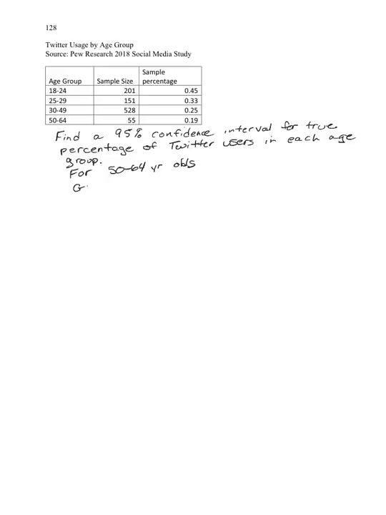Okay, and our givens are n from our sample size of 55 and p hat from the sample percentage of 0.19, and we also know that our confidence level is 95%.